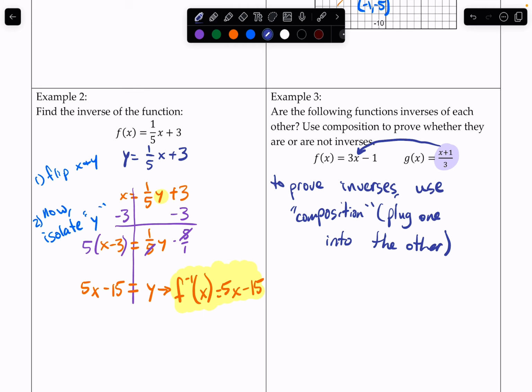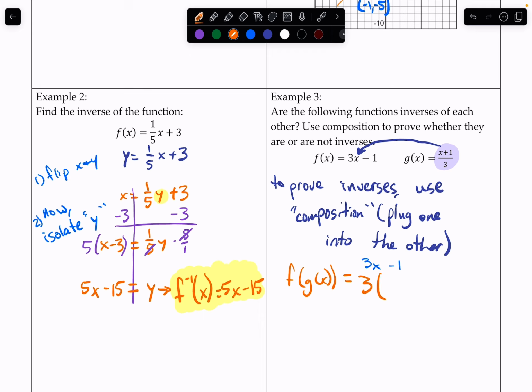So that is going to be written technically as f of g of x. And what that means is that I'm taking function f. Function f, remember, is 3x minus 1. And I am replacing the x with the entirety of function g.